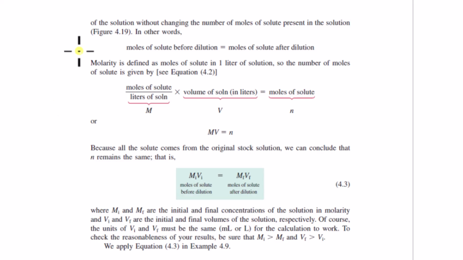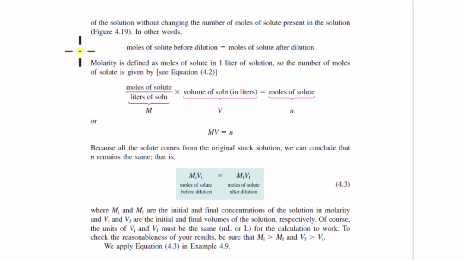Okay, and so the big idea of how to understand this dilution process is that you're going to take out a certain volume of the highly concentrated solution and put it into a beaker. Then you're going to add more of the pure solvent to that concentrated solution, however much you need to get the diluted concentration you're looking for, right?